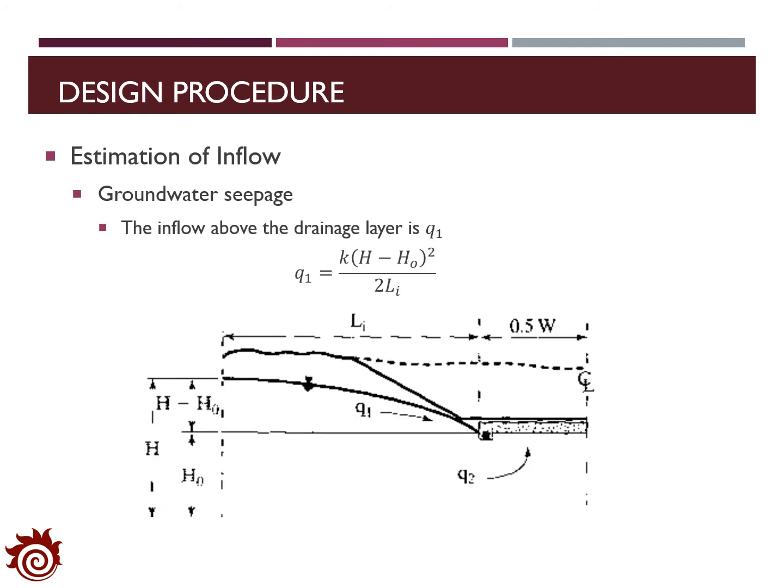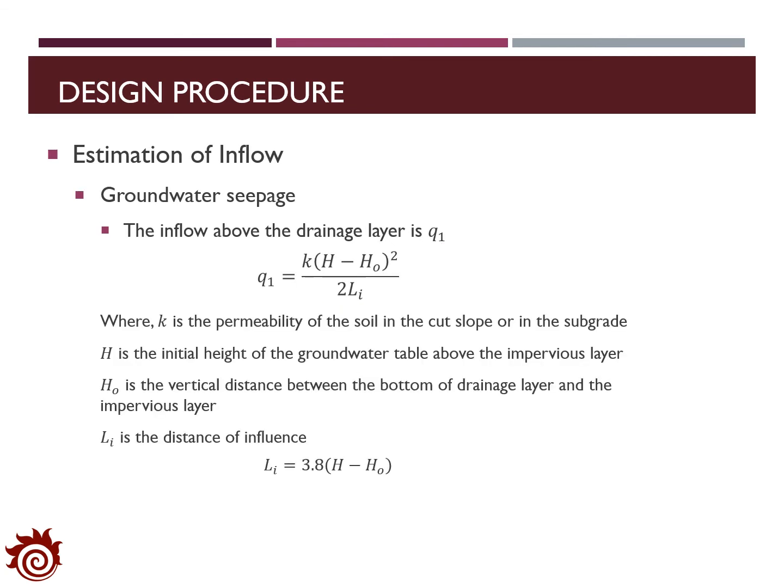We also want to estimate the inflow from the groundwater seepage. In general, the inflow above the drainage layer is set as Q1 and is determined by the equation here. The figure here shows how we calculate the inflow of the groundwater seepage. Basically, in this equation, Q1 is the inflow and K is the permeability of the soil in the cut slope or in the subgrade.